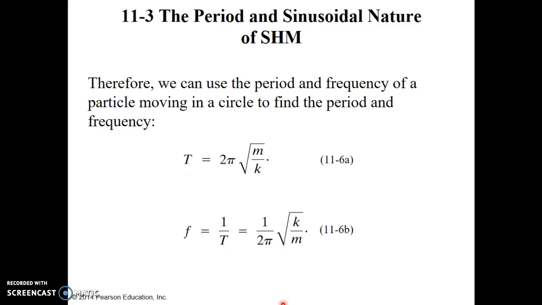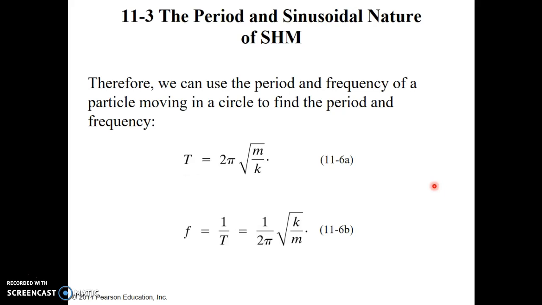So we can use the period and the frequency to define the properties of simple harmonic motion. If we go through the definition that we had earlier in chapter 5, that the period would be 2 pi r over the velocity, and then we take our definition of velocity and plug that in, then our period turns out to be 2 pi times the square root of the mass divided by the spring constant.